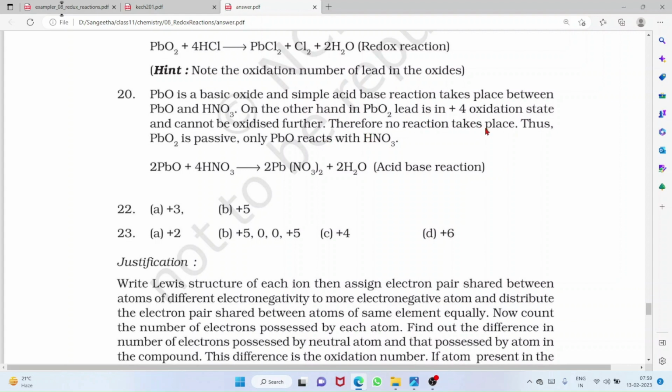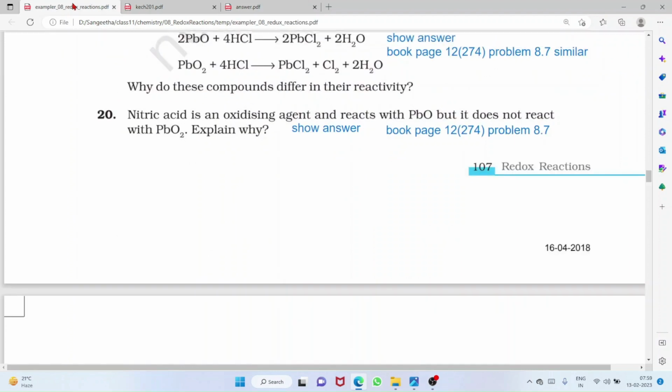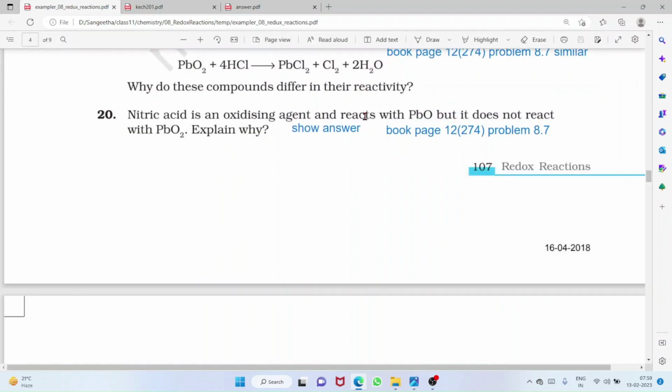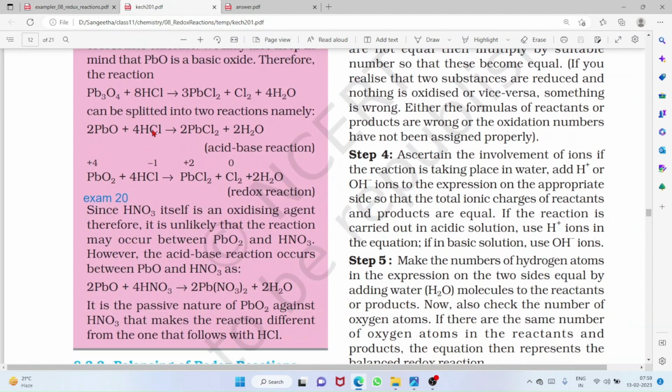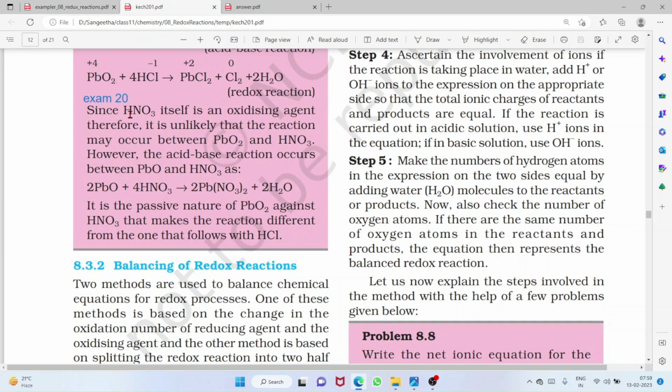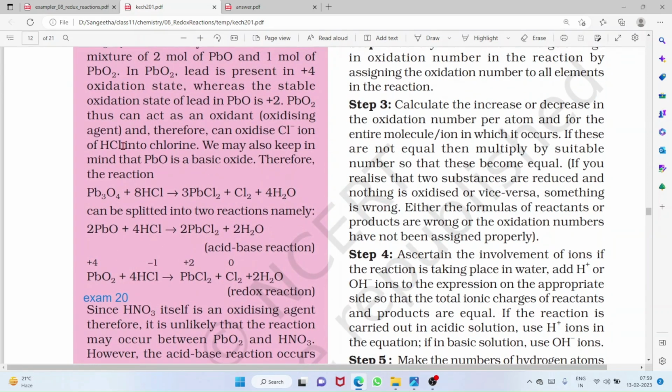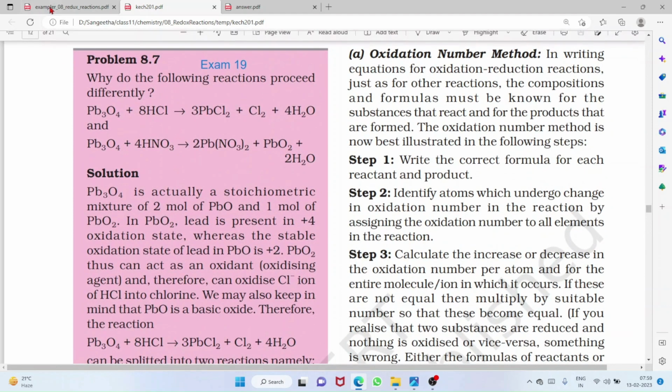Therefore, no reaction takes place. Okay. So 8.7. So here you see, nitric acid itself is an oxidant, therefore it is unlikely that a reaction may occur. Okay, you can go through this problem. 8.7.